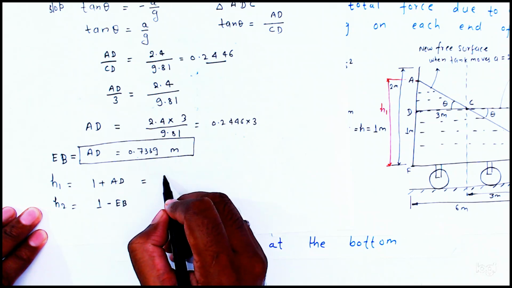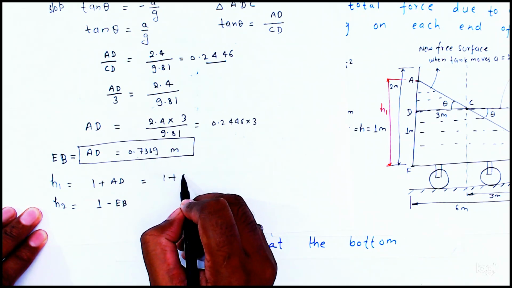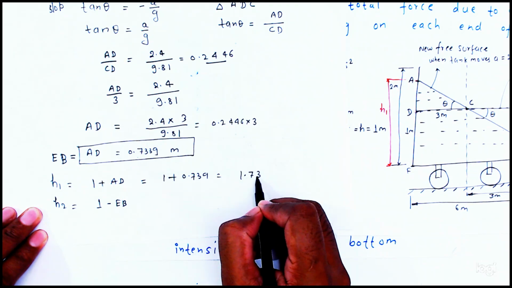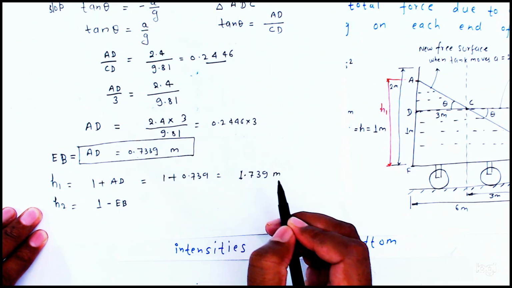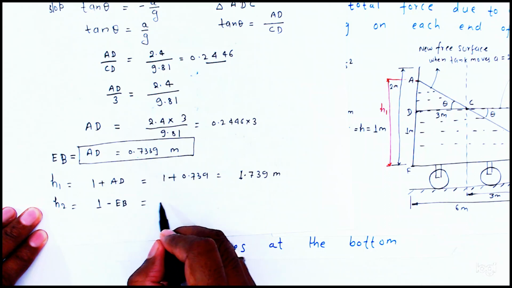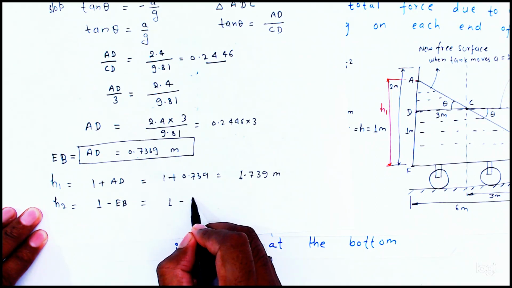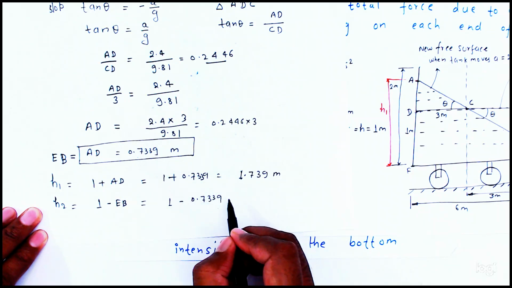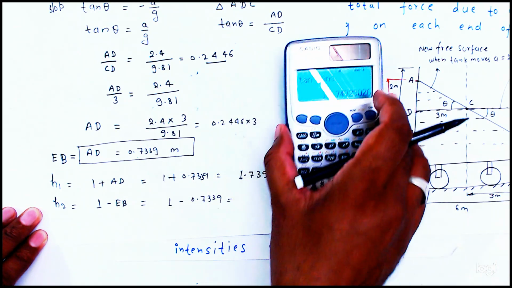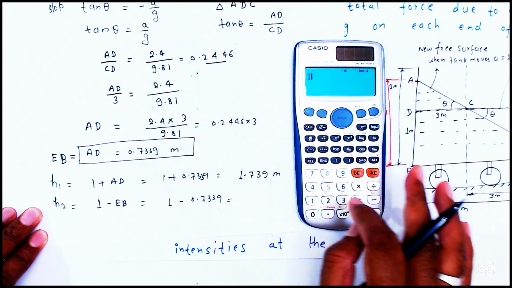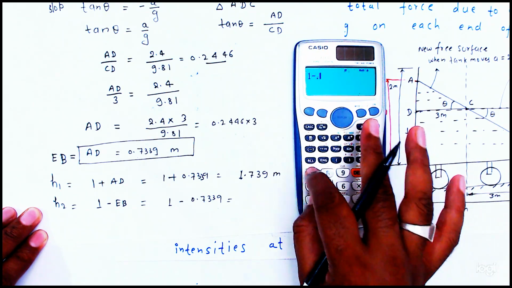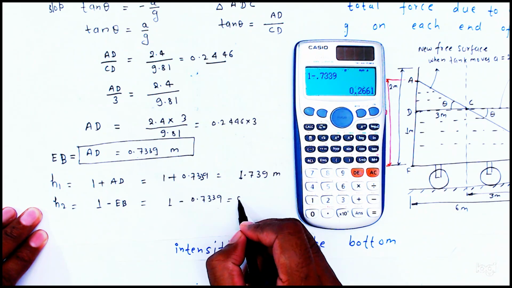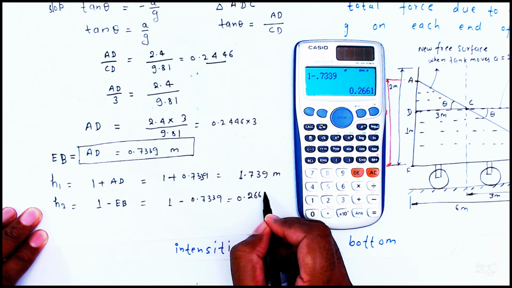So 1 plus 0.7339 is equal to 1.7339 meter, the H1 value, and 1 minus 0.7339 equal to how much? It will be 0.2661.